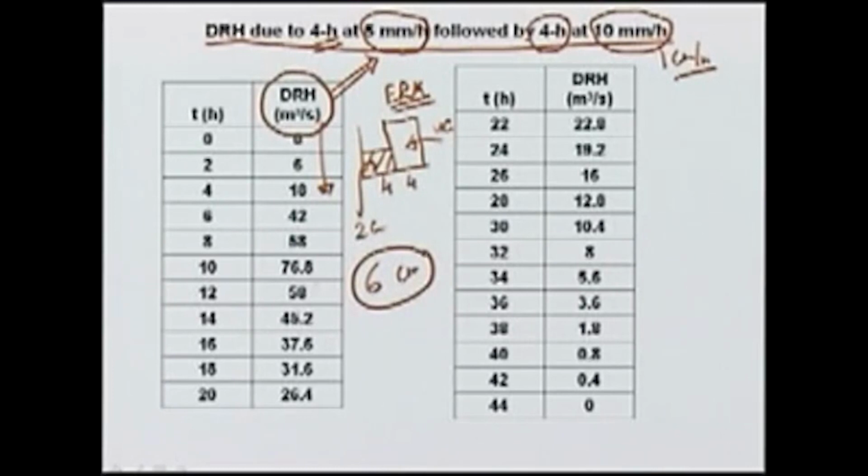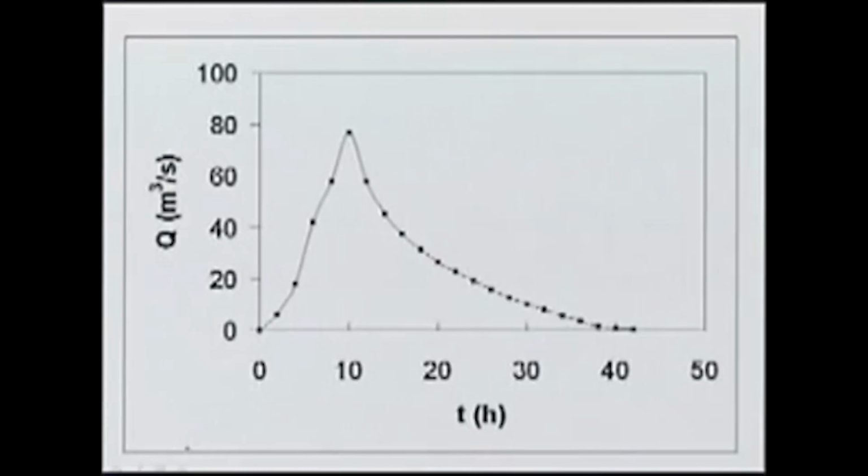The DRH which we have measured at A is given by these values, where the peak value, as can be seen here, occurs at 10 hours and is equal to about 77 meter cube per second. This DRH is plotted and can be seen in this figure.